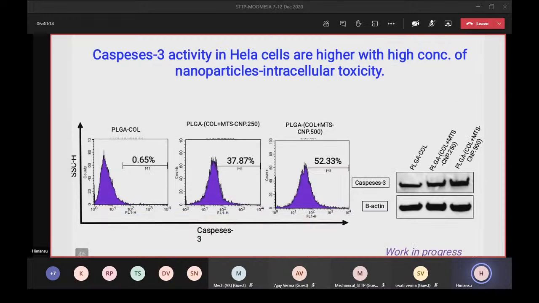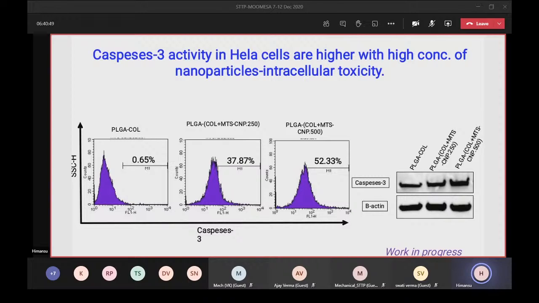This is also very interesting work, and we did lots of extensive scientific work on how to monitor caspase-3 activity, because caspase-3 is a big indicator that the cancer cells are being killed. If you see the extreme right one, here is the distribution: 52.33% of the cells are in M1 phase, the mitotic phase, meaning the cell division phase. Whereas the PLGA collagen control is 0.65, and where the nanoparticle concentration is 250, there is only 37.85.